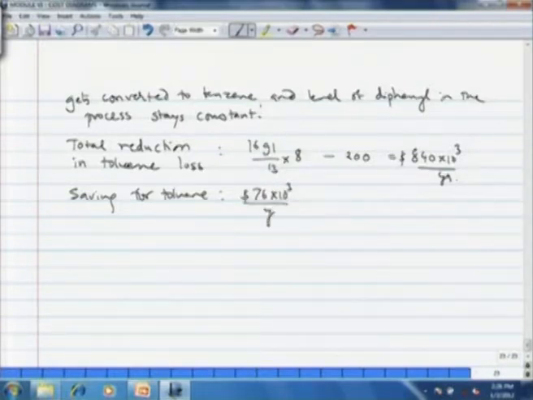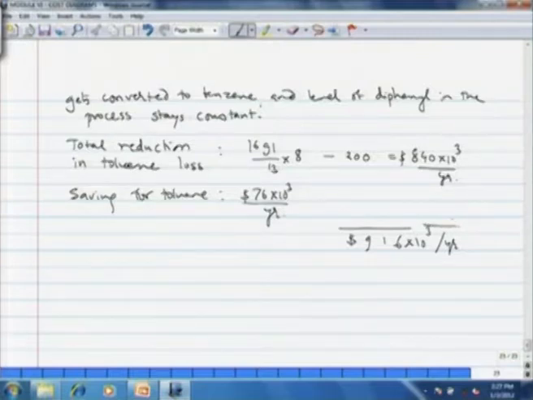So, that is saved. Together, this turns out to be close to $1 million. Saving.